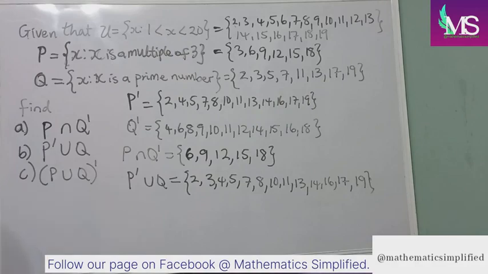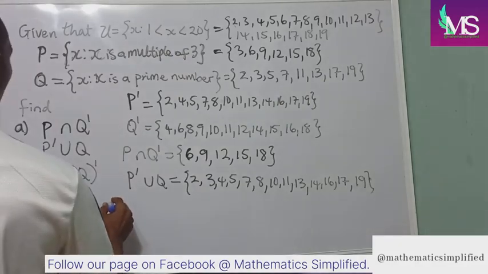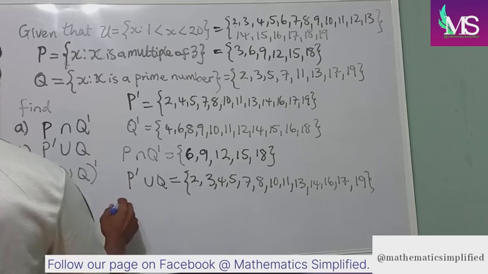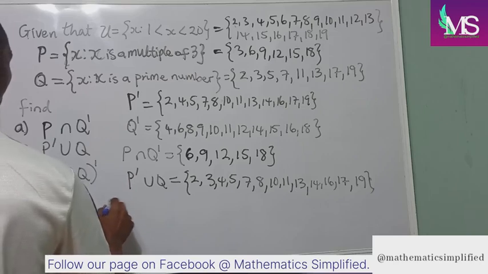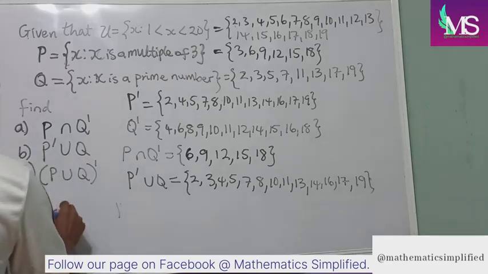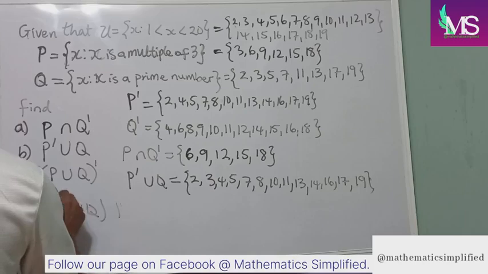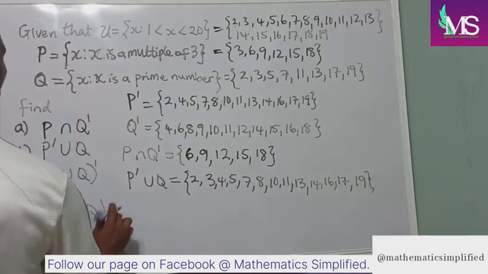Alright, now to the next question, the C part, which is P union Q prime. First, we look for what is P union Q. P union Q will give us what?